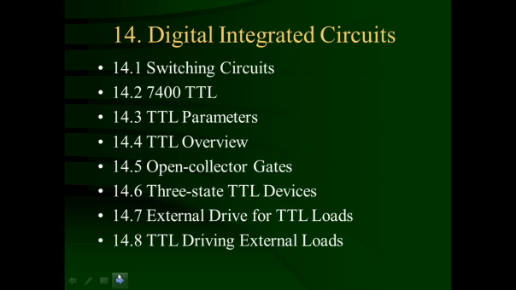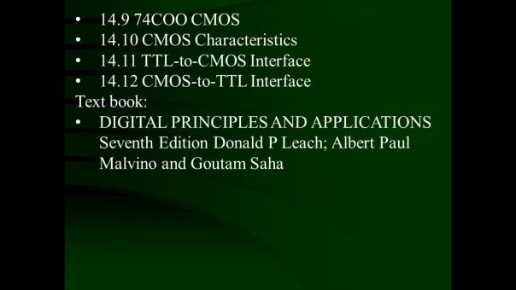14.3 is the TTL parameters. 14.4 is the TTL overview. 14.5 is the open collector gates. 14.6 tri-state TTL devices. 14.7 external drives for the TTL loads, and 14.8 is TTL driving external loads. 14.9 is 74C00, that is CMOS logic family.